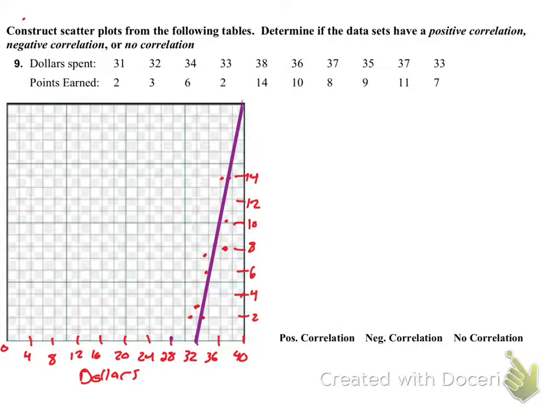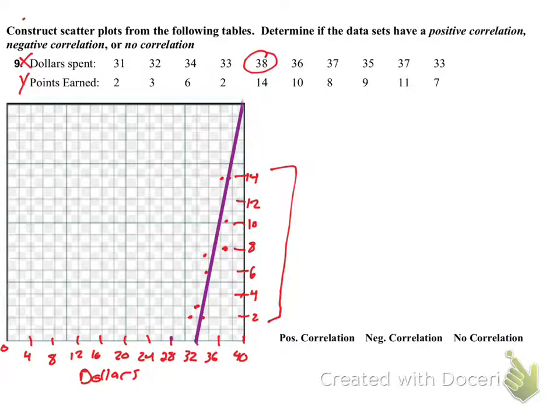All right, so I've already plotted this just to save some time. What I did was just keep in mind that this is X and this is Y. I didn't have any room on the left-hand side, so I put it on the right-hand side. But you have to scale it. So I take my biggest number, which was 38, and I divide by how many lines I have.